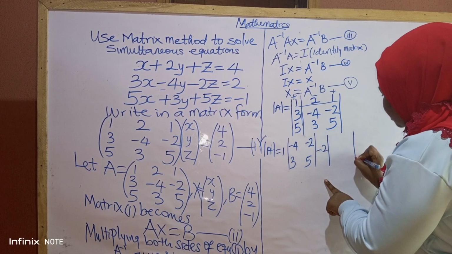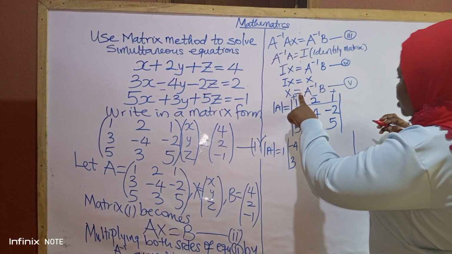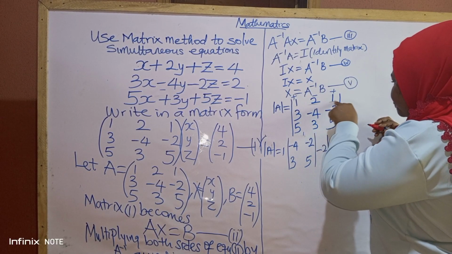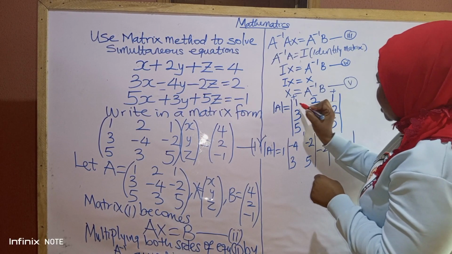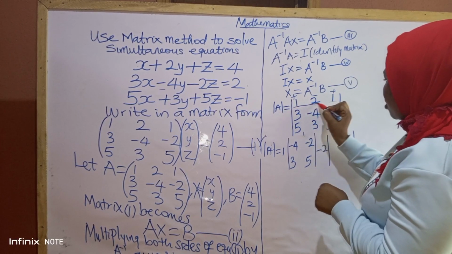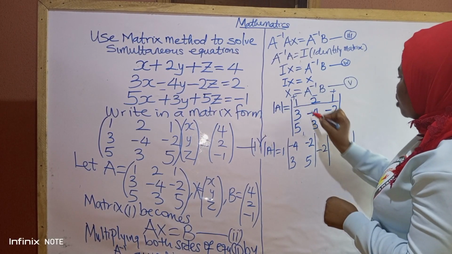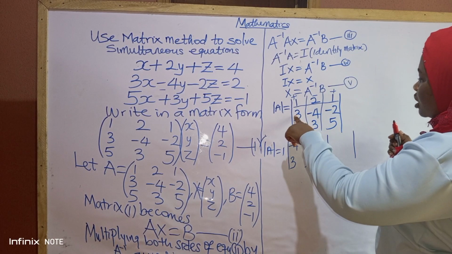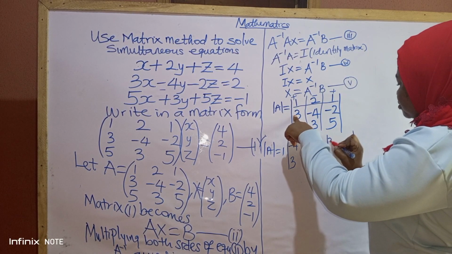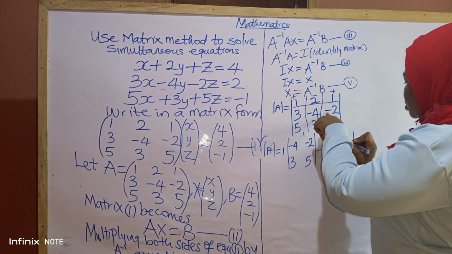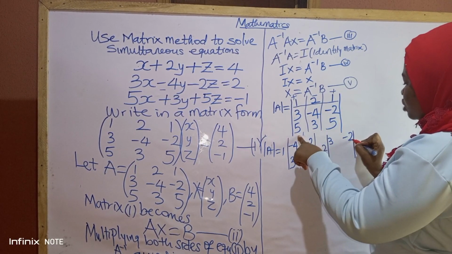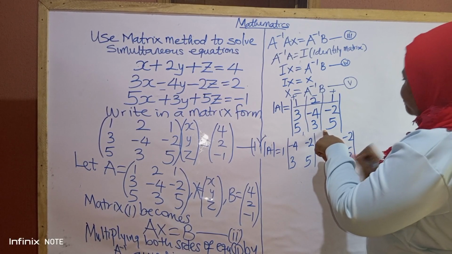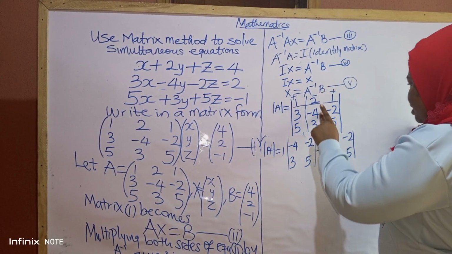You are going to find the determinant of its remaining elements here also. So you cover where this 2 belongs horizontally and vertically. So you are left with 3, minus 2, 5, 5. I hope you are getting it.